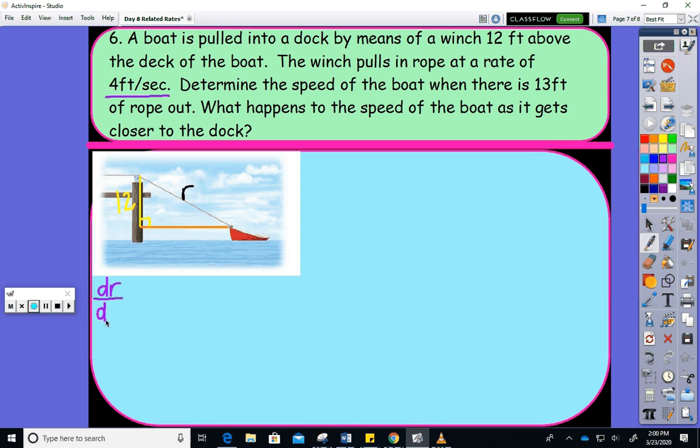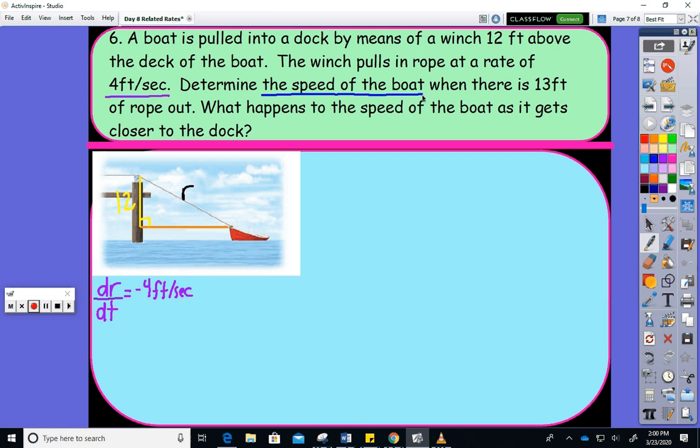The length of rope that's connecting from that winch to the point of connection on the boat is shrinking. So I'm going to say that's -4 feet per second. Determine the speed of the boat when there is 13 feet of rope out. Okay, now determine the speed of the boat.